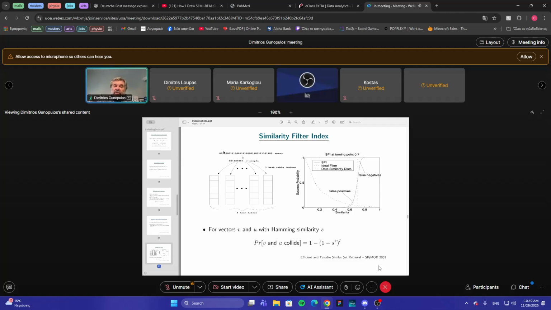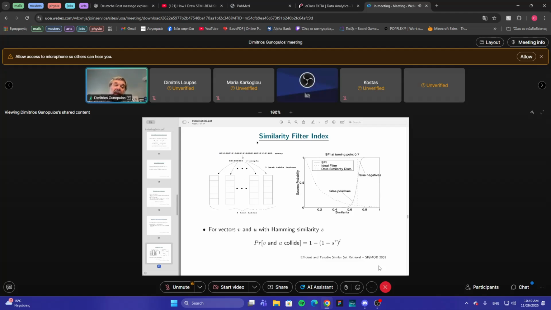So how does it work? The idea is the following. When I come up with a query, I will partition the query also into 10-bit pieces. I will take the first 10 bits and search in this hash table, and I will find if there is at least a document which has the same first part, or a document that has the same second part, and so on.